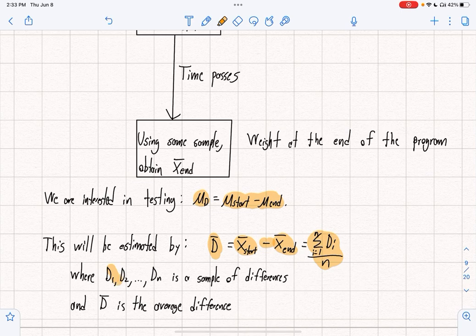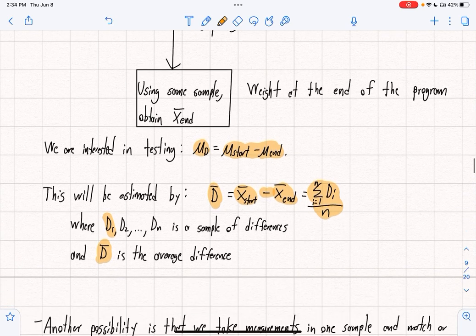So d1, d2, dn, those are just the individual differences. That would be for, say, subject 1. So let's take me, for example. If I'm d1, that would just be my starting weight minus my end weight. And then d bar is just the sum of everyone's differences divided by n, so it's the average difference over time.